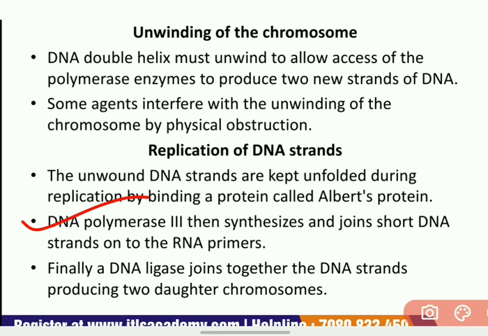DNA polymerase III then synthesizes and joins short DNA strands onto the RNA primers. These DNA strands are called Okazaki fragments. DNA polymerase I, which possesses nuclease activity, removes the RNA primers and replaces them with DNA strands.